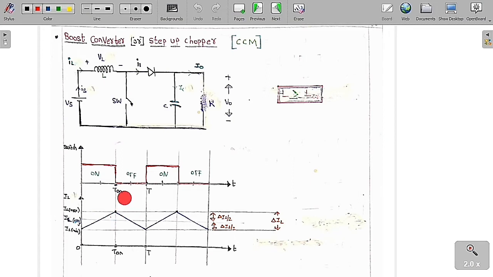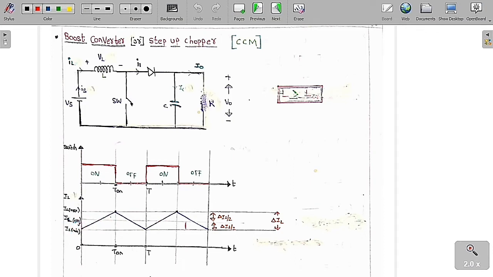But when the switch is open, whatever energy is stored by the inductor is going to be released. Therefore the current is going to decay because it is going to discharge. Let me assume the ripple in the inductor current is delta IL. Here the IL average lies exactly between IL minimum and IL maximum.